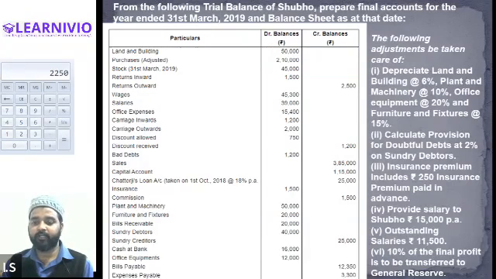You will record it in the profit and loss account: insurance 1,250 rupees, after reducing 250 for insurance premium paid in advance. And advance premium should be recorded in the balance sheet on the asset side by the name of advance insurance premium.